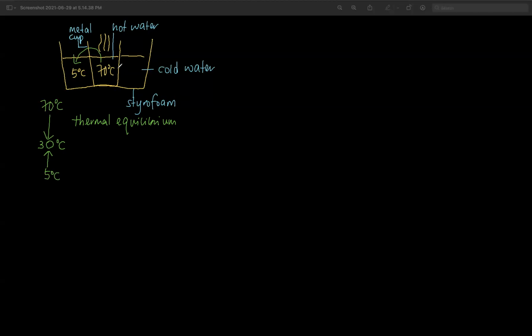Now remember, whenever a system is in thermal equilibrium, there will be no net heat transfer. When they have reached equilibrium, there's no more net heat transfer from one to another.